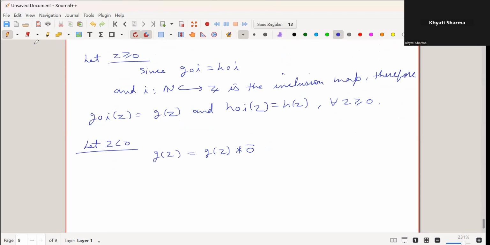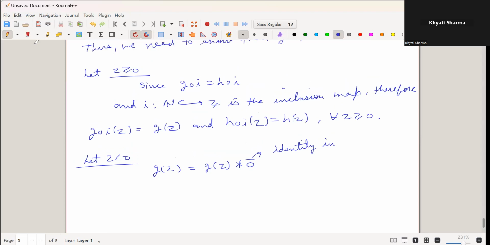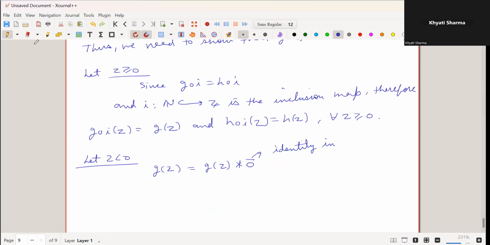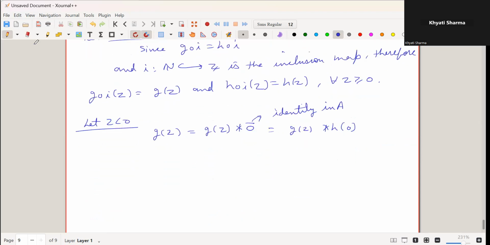This is the identity, because it's a monoid, so G is from Z to A. So it's the identity in A. And H is also from Z to A, so you can write star H of 0, because H of 0 has to be 0 if it's a monoid morphism.